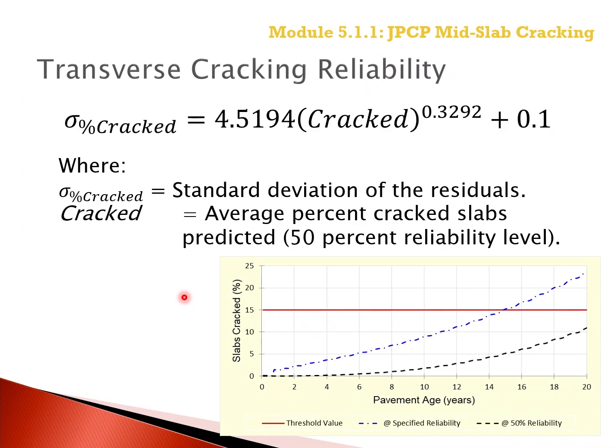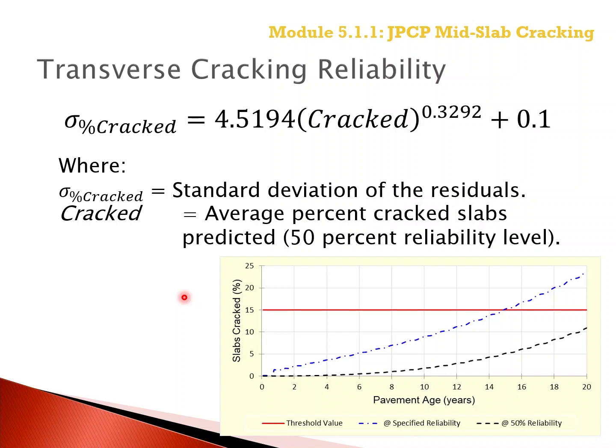Reliability was discussed in detail in Module 3, and how reliability is applied in the Pavement ME design software. The standard deviation of the residuals for the jointed plain concrete pavement percent slabs cracked is displayed on this slide.